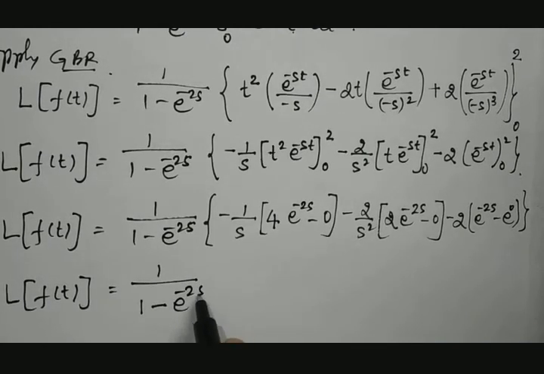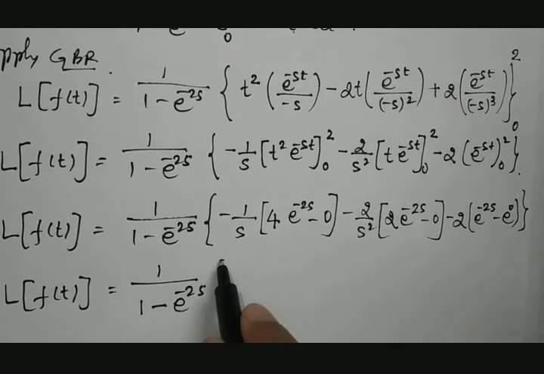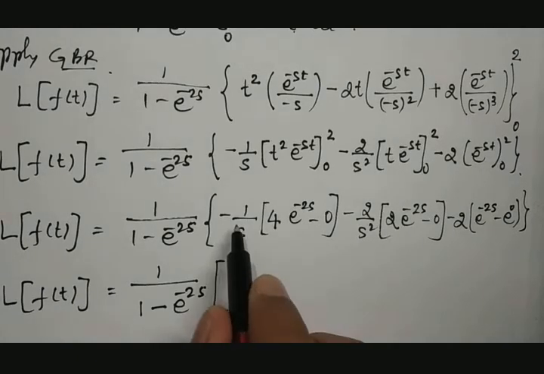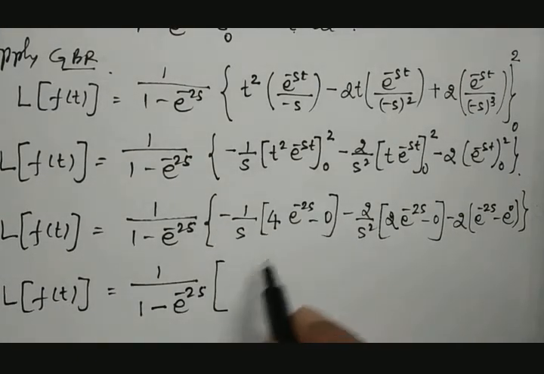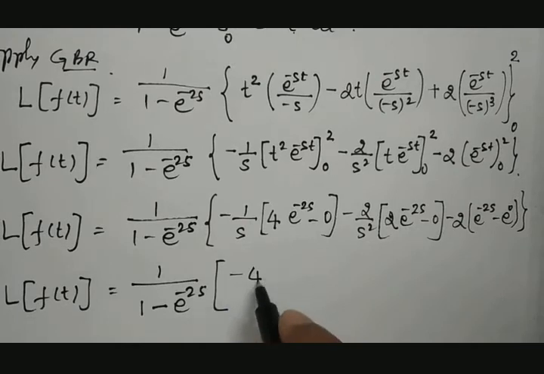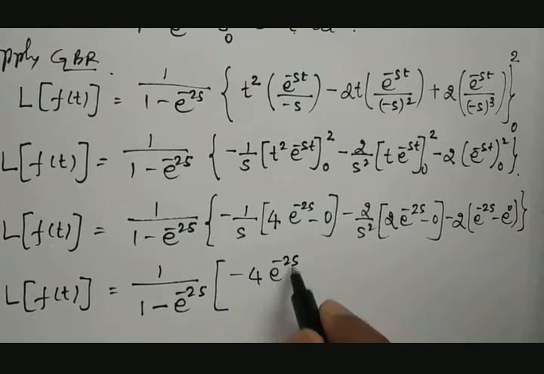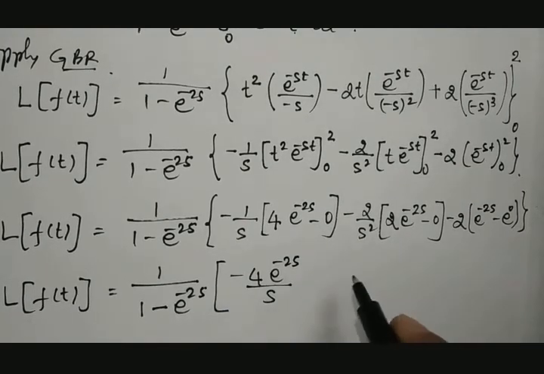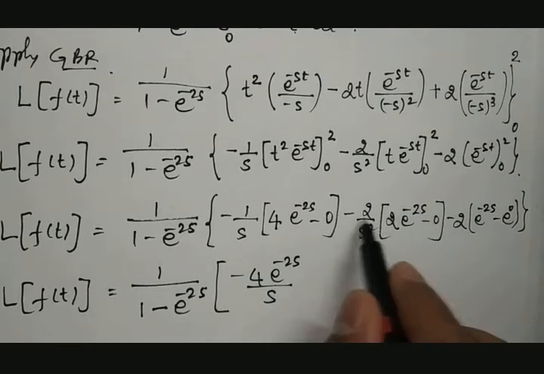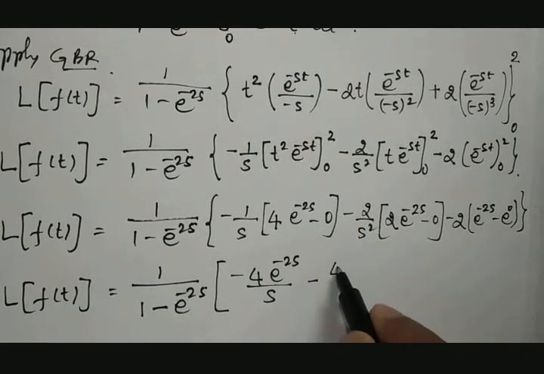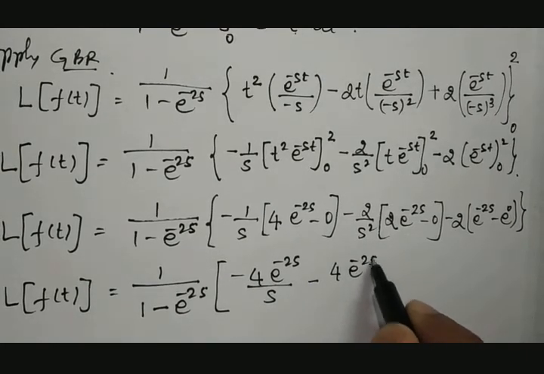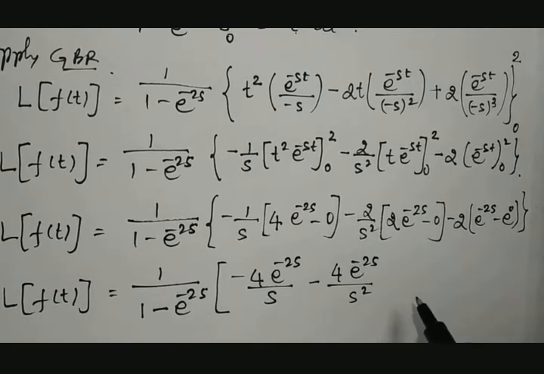e raised to minus 2s into, we can see here, what happens, this is gone. So it is minus 4 into e raised to minus 2s divided by s. Here this is gone. So this is minus 2 into 2, 4 into e raised to minus 2s divided by s square.